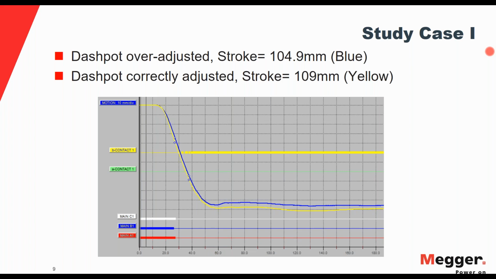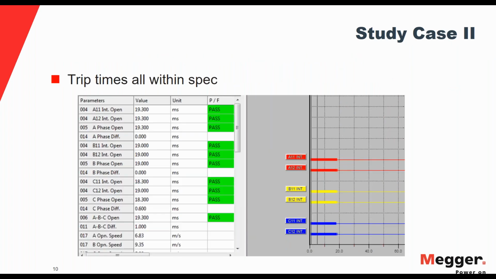Another case study they did, case two, they did only a timing test, and everything was showing in the pass region. The values for the interrupters are within the accepted limits.